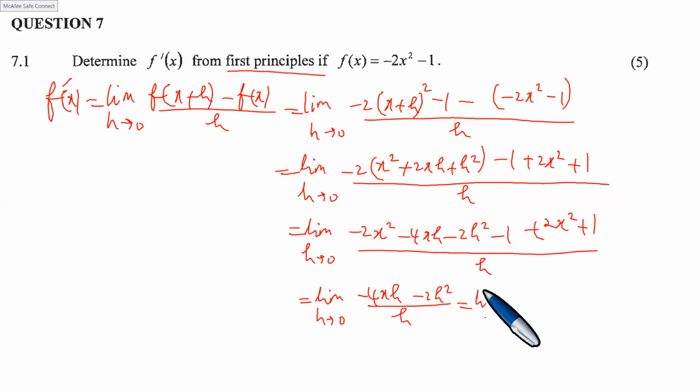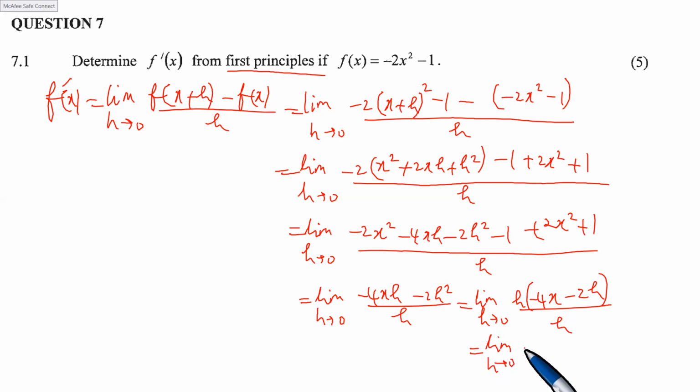And this is the limit as h approaches 0. So you can pull out a common factor h here. And if you do so, you get minus 4x within the parentheses, and you have minus 2h. You divide by h. You cross everything out. This is the limit as h approaches 0. So it's minus 4x minus 2h.